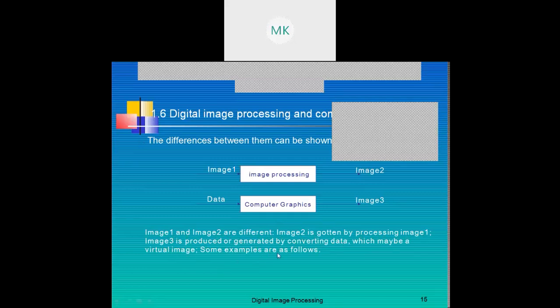Now we'll consider some examples. In image processing, image 2 is obtained from image 1, whereas in computer graphics, image 3 is obtained from some data. This data can be input data for computer graphics techniques. After applying the techniques of computer graphics, we obtain image 3.